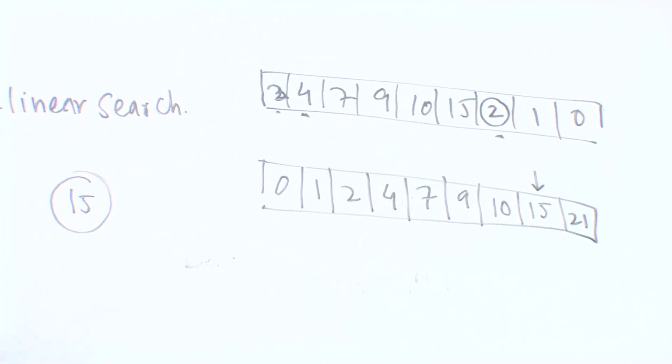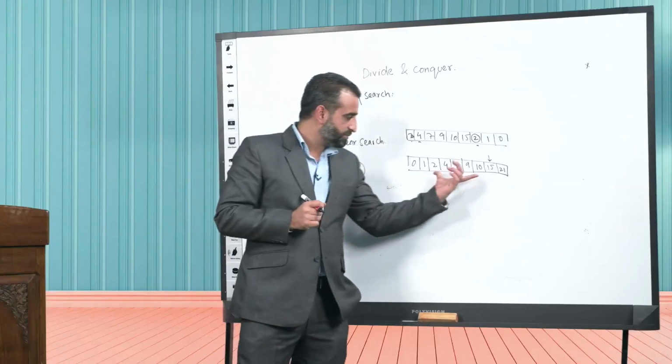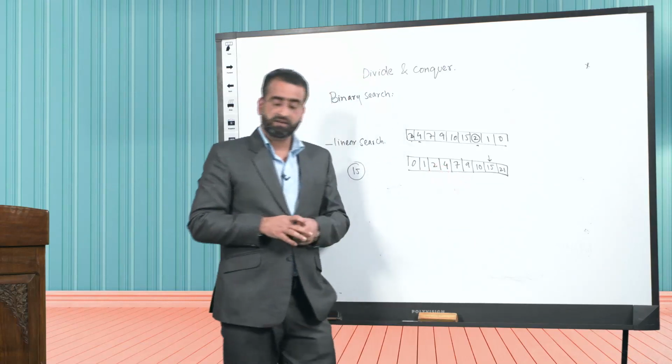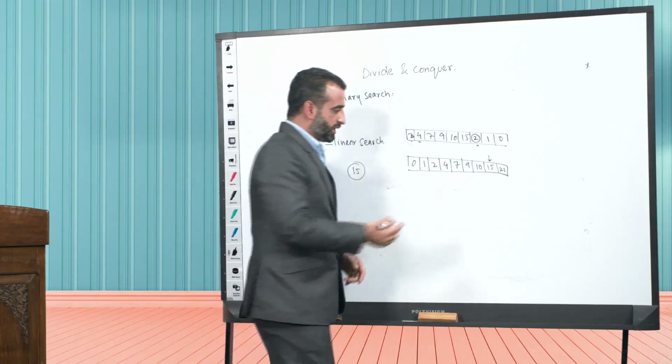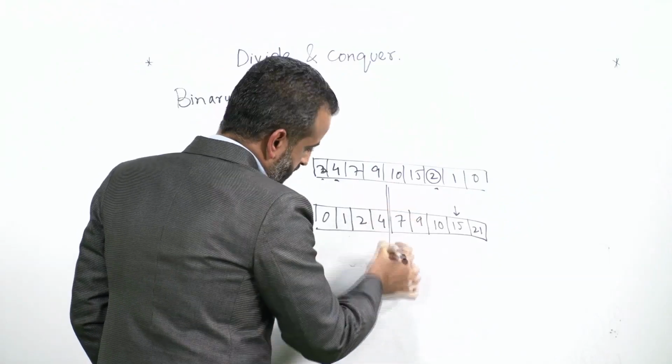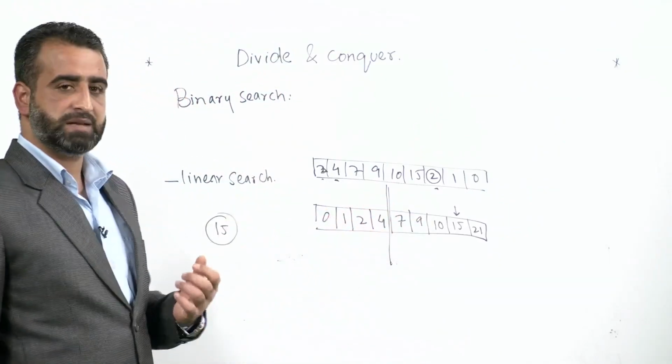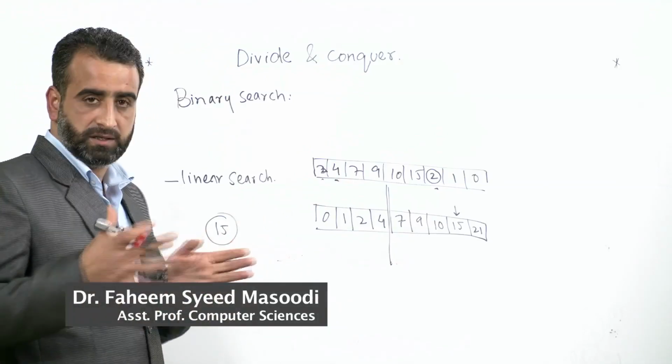The divide and conquer strategy tells me that the size of the problem is large in this case, right? So what we need to do is divide the problem into 2 halves, and then we try to search the element in each of these halves.